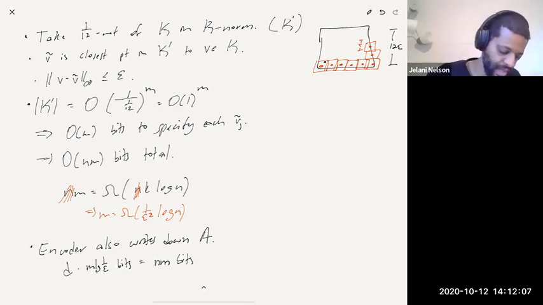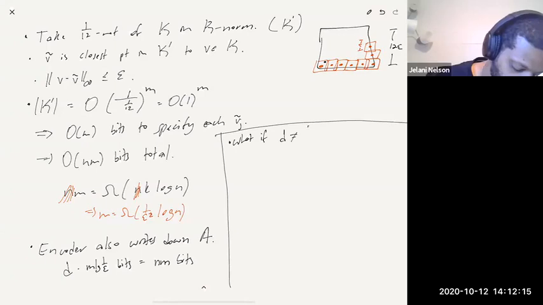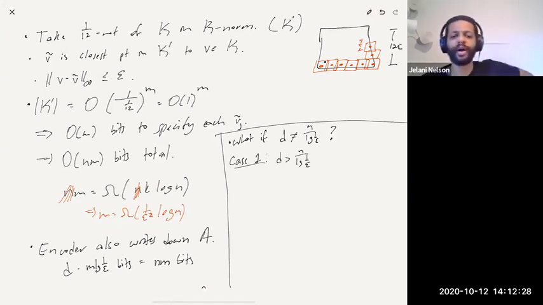So now the question is, what if D is not equal to N over log 1 over epsilon? The easier case is that D is bigger than N over log 1 over epsilon. What if I want to show a lower bound in this case? That's easy.